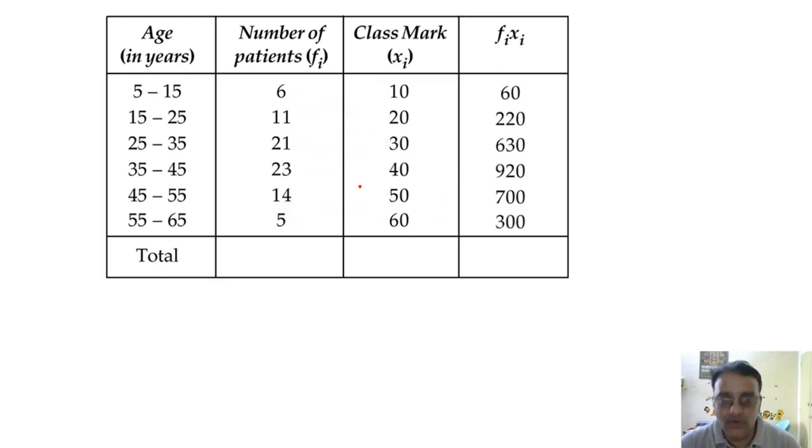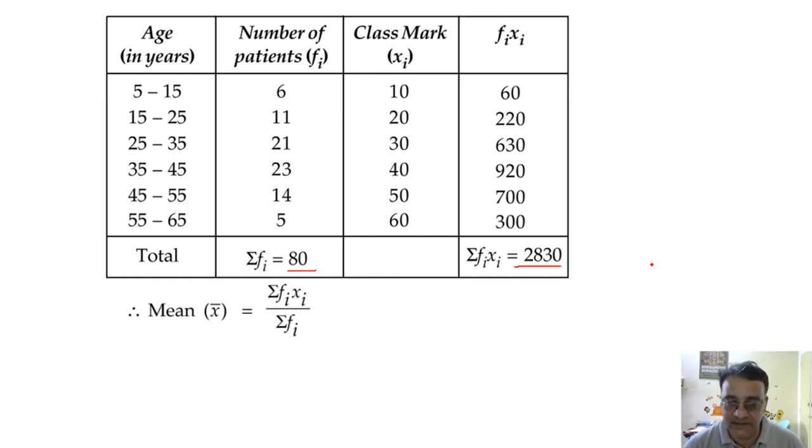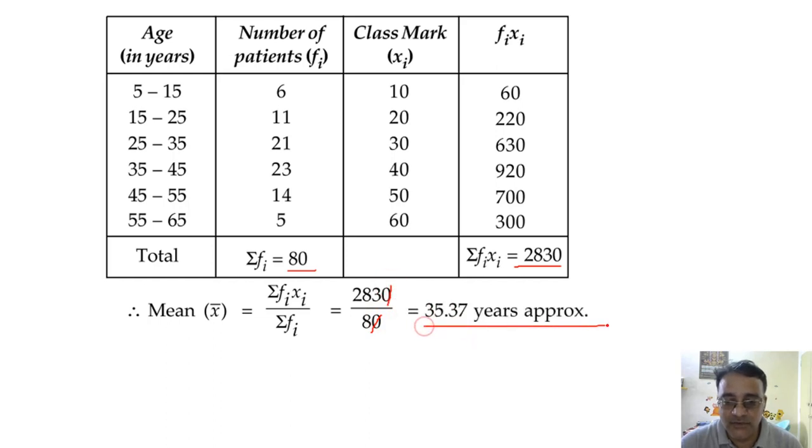Total frequency is 80 and the sum of fx is 2830. So the mean is summation fx upon summation f. So 2830 upon 80, we can cancel one 0. If you divide, you will get 35.37 years approx.